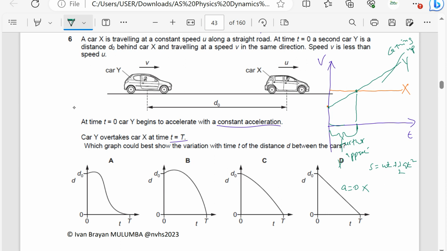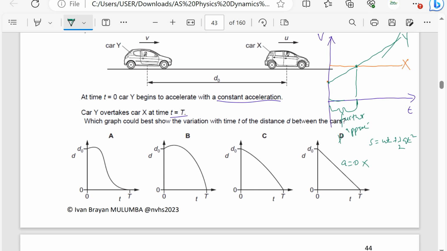And this one is showing that the acceleration is not constant because initially the acceleration is constant for a horizontal line, then the gradient is increasing in the opposite direction. So this one is showing that the acceleration keeps changing.